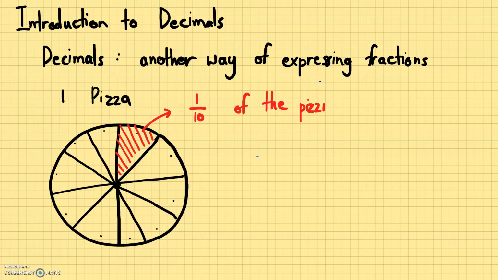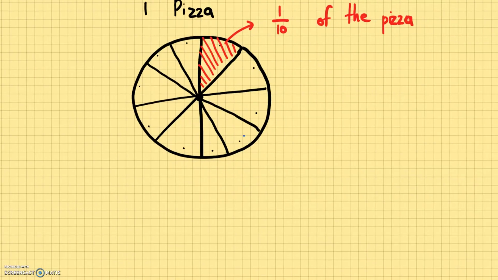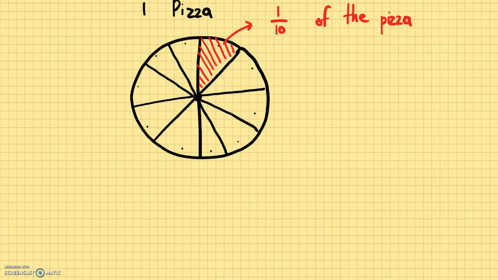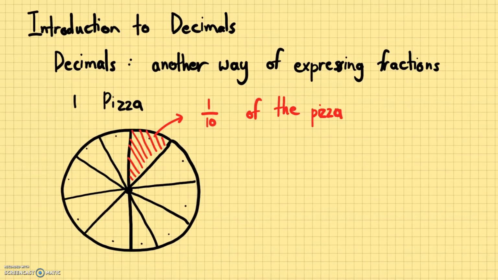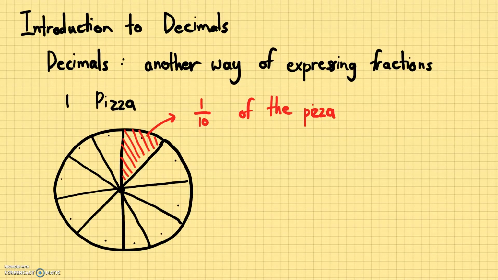And that is absolutely right. So that is 1/10 of the pizza. And another way of writing 1/10 is by using decimals, which is going to be 0.1. Okay, so this means one of the 10 pieces has been eaten.